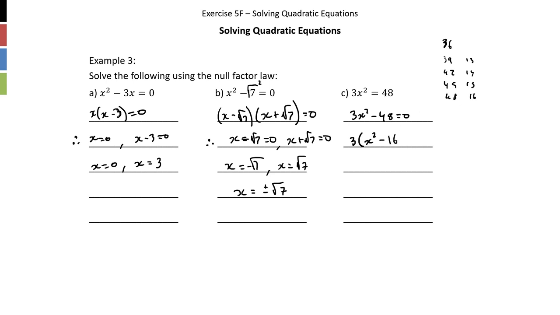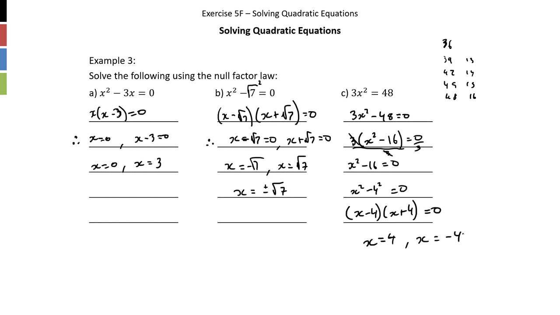Okay, so we get minus 16 equals 0. We can now write this as x squared minus 16 equals 0 because we divide both sides by 3. That cancels. 0 divided by 3 is still 0, so we get x squared minus 4 squared equals 0. So x minus 4 bracket x plus 4, we get x equals 4 or x equals negative 4.